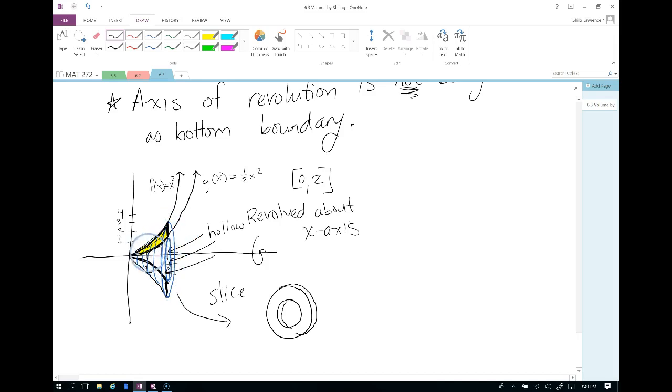We want to scoop out, for lack of a more technical term, everything that's inside the g of x equals 1/2 x squared function. And when it gets revolved, that also is going to be a volume inside. So we're not just going to do top function minus bottom function. It's technically outer volume minus inner volume.